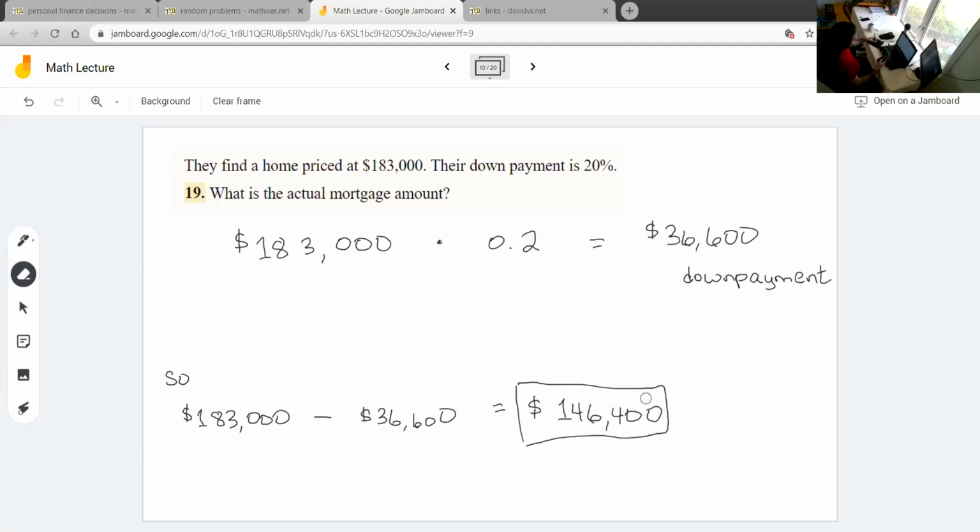And I should probably actually say that that's the actual loan size. Okay, everyone happy with this slide?